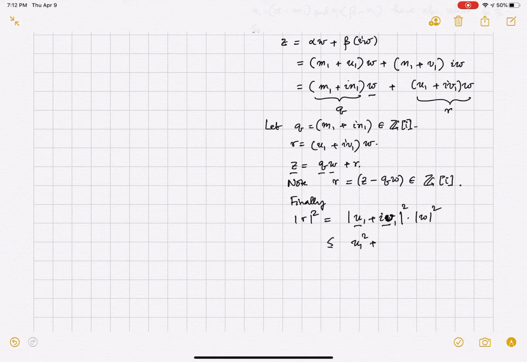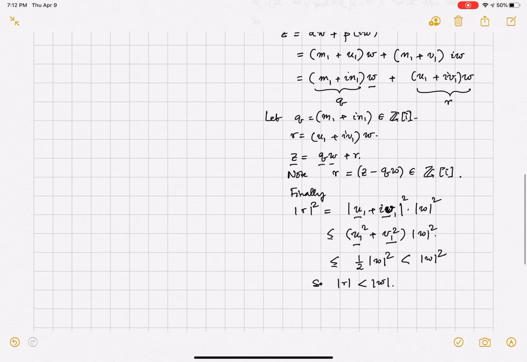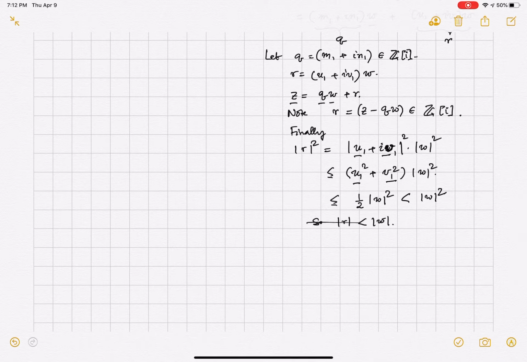The size of this number is u1 square plus v1 square times w square. But both u1 and v1 are less than half in absolute value, so this is at most a quarter. So this is less than or equal to half absolute w square, which is strictly less than w square. So absolute r is less than absolute w. That's what you wanted. Or actually, we are using the absolute value square, so this is already good enough.